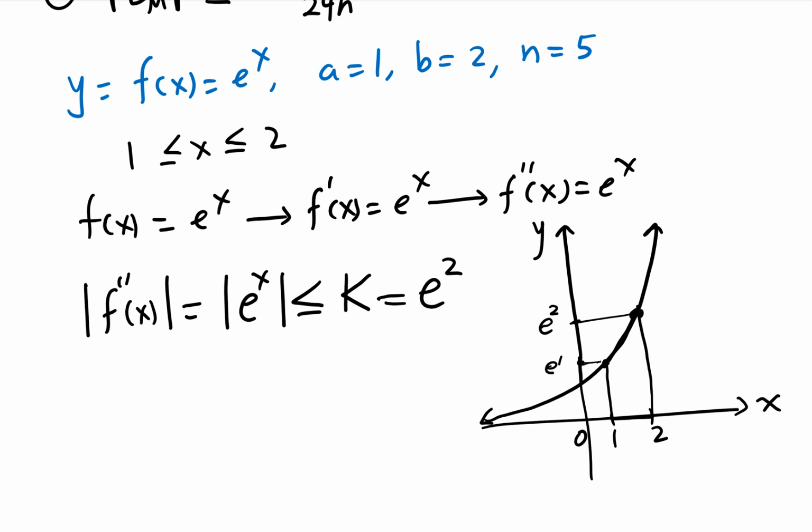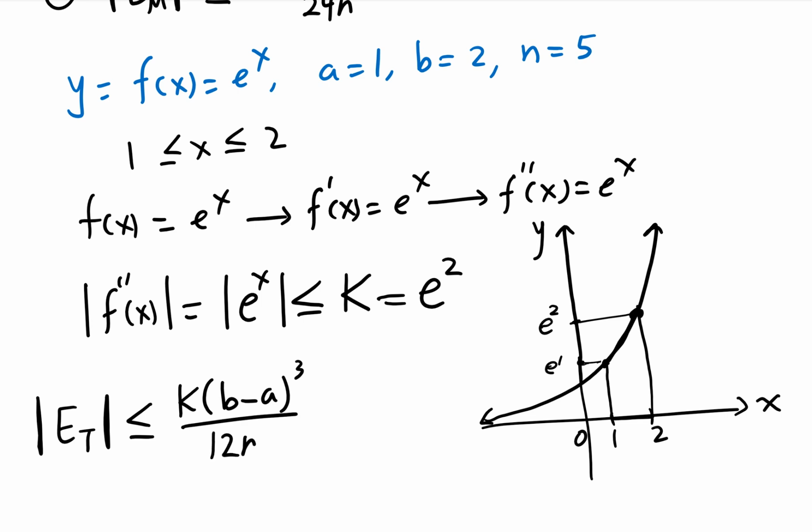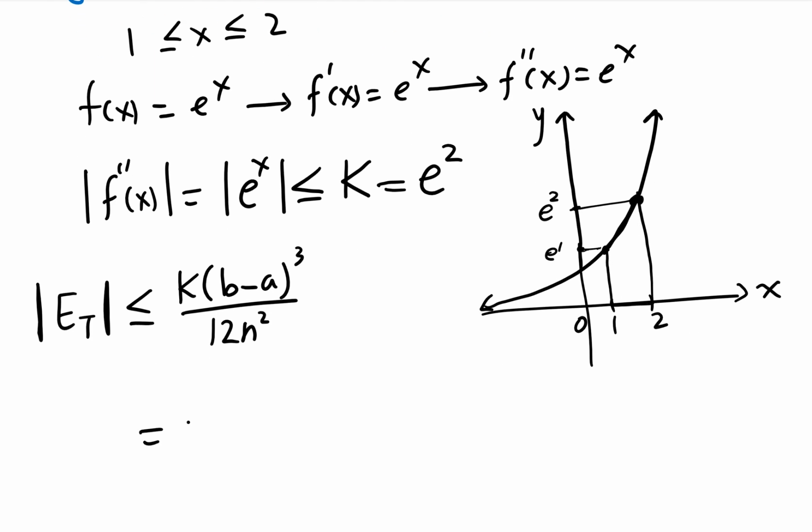Now we found k, we have n, we have a, we have b. We're going to apply the trapezoidal one. So E sub T is less than or equal to k times b minus a to the third power divided by 12n squared. k was e squared, b is 2, a is 1, to the third power, and n was 5.